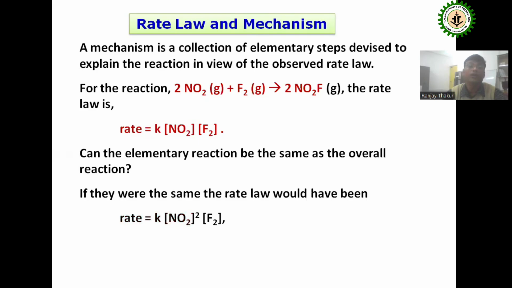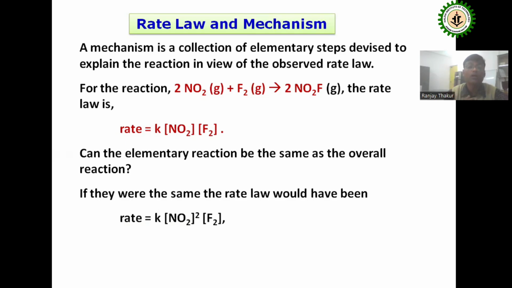But the practical rate law is different. If you write the rate law from the reaction, it should be k[NO2]^2, because the coefficient in the given chemical reaction is 2, but in the actual rate law there is something that is not mentioned. What does that mean?